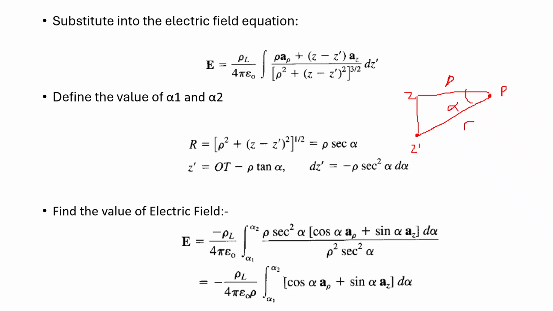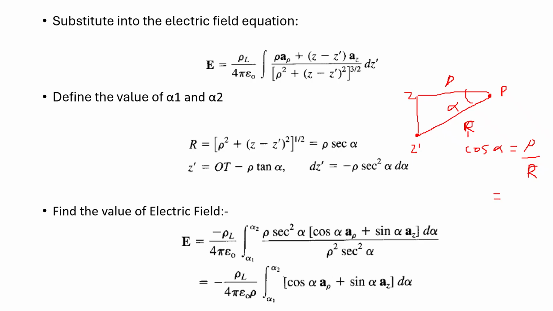So for the angle alpha, in this right-angled triangle, we have cos alpha equal to rho over R, where R is the capital R. The angle is taken at this point P relative to the top surface, with the rho term, so that's why we have cos alpha here.